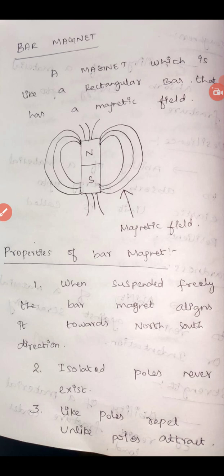If you take a piece of the magnet, it will not be north only or south only individually. It will have a north and a south pole. Even if a bar magnet is cut into two pieces, each piece from the initial bar magnet will have a north and south pole. It is not north only or south only.